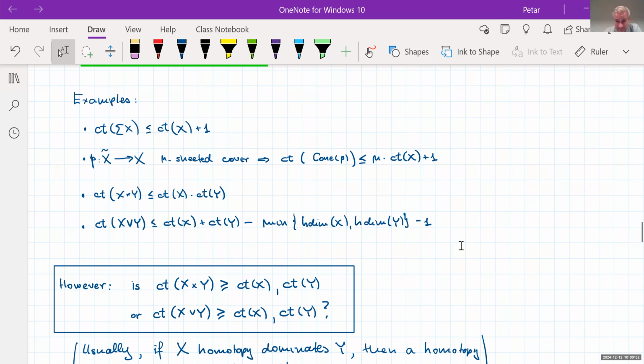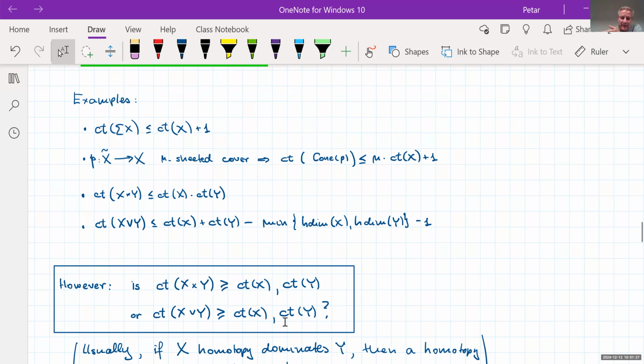But are there other questions? Yeah, so let me continue. There are also other phenomena that happen here. If you think of the covering type of X cross Y or X wedge Y, we have some relatively weak upper bounds, but one would expect at least lower bounds like the covering type of X and the covering type of Y, or perhaps even the sum.